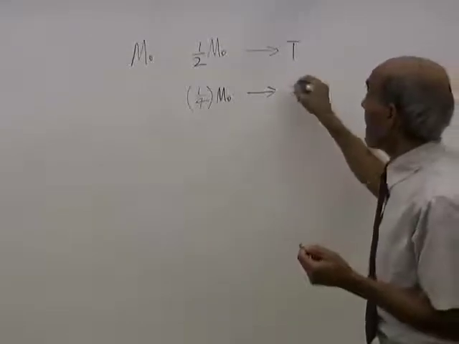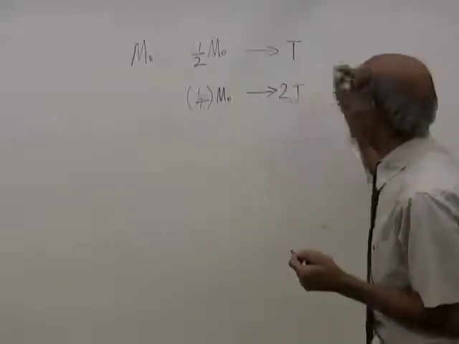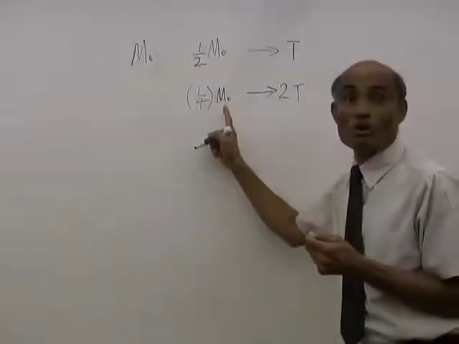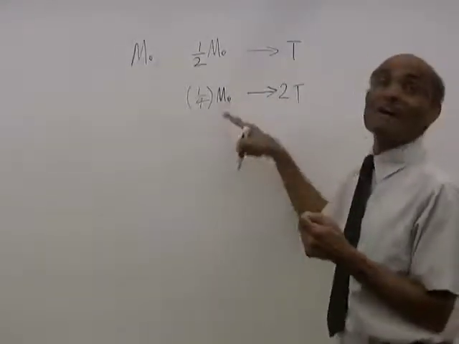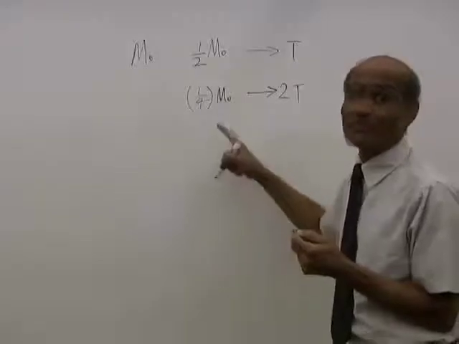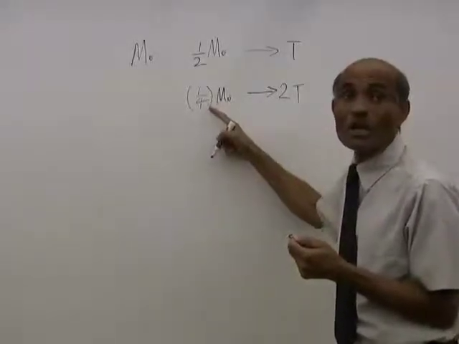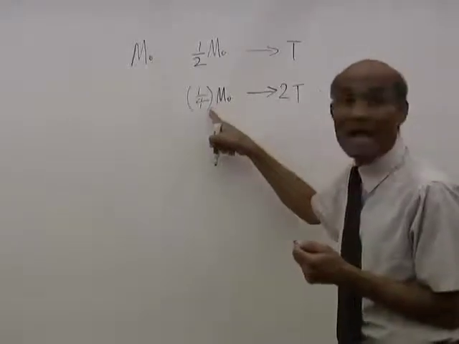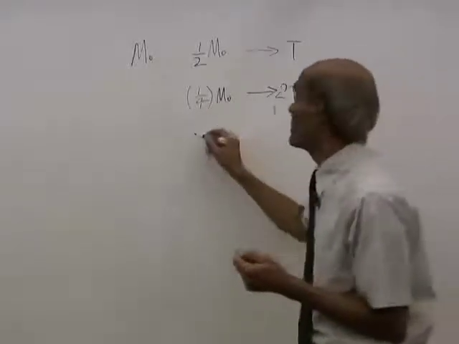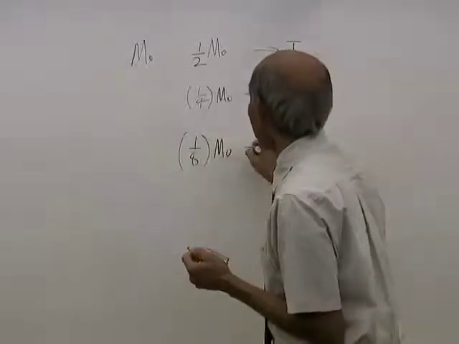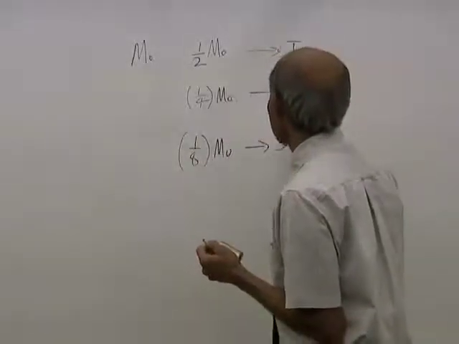So that is after two half-lives. How much of the original material is left after another half-life? Only one-half of this, which will be 1/8 of m0 after three half-lives.